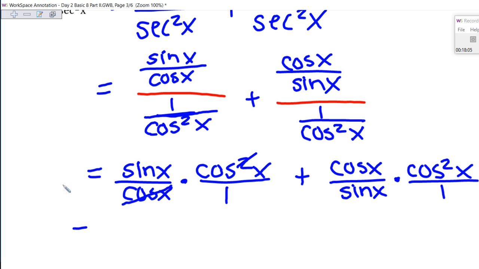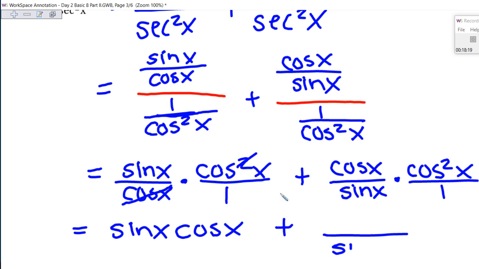So that will leave us with sine of x, cosine of x, plus, here, I'm going to have a sine of x in the denominator, and when I multiply the numerators, this is actually cosine to the first power.